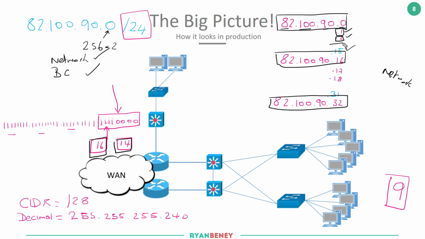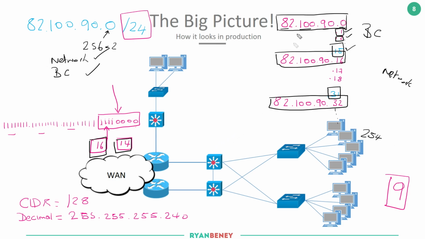Now the last one, which is 15, and the last one in this one, which is 31, is what we call the broadcast address. Now this 32 here I've stopped, but ultimately this pattern will continue all the way up to 254 being the last usable. So in the end you have 82.190.254.